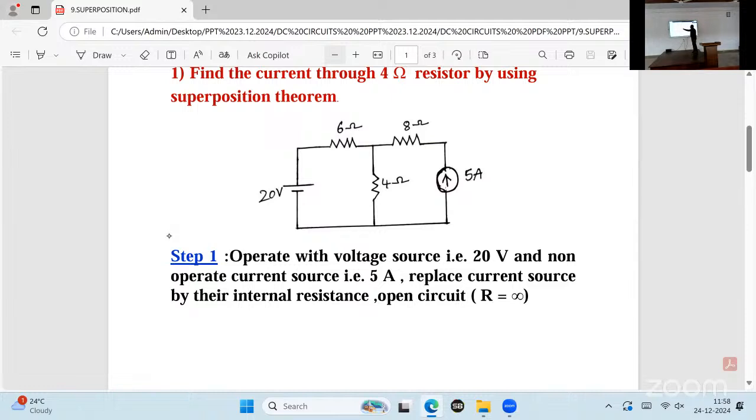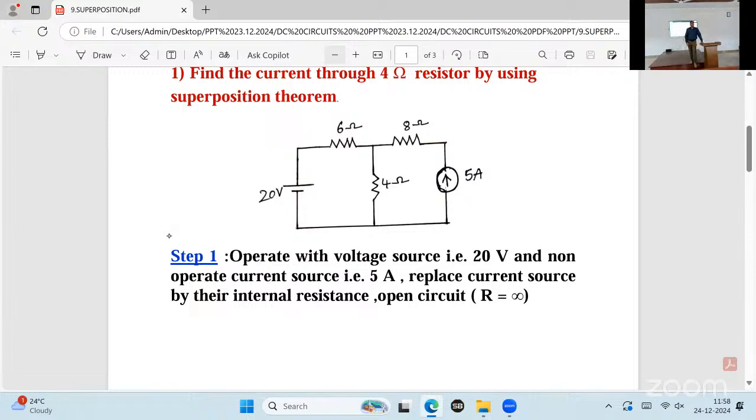Operate with one source. Step 1. If you have three sources, we still have to operate with one source only. That is the rule.